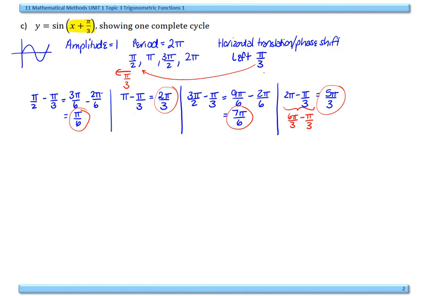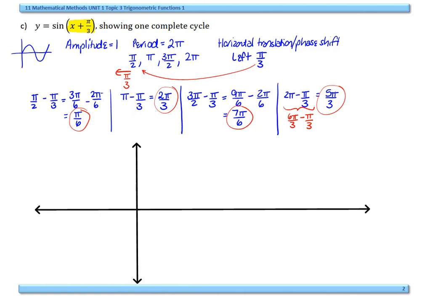So draw your axes. Okay, so put in your y and your x. 1, 2, 3, 4: pi on 6, 2 pi on 3, 7 pi on 6, and 5 pi on 3. Your amplitude is 1.